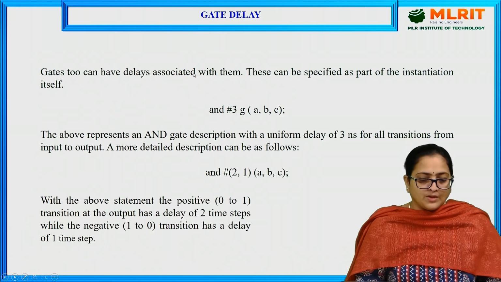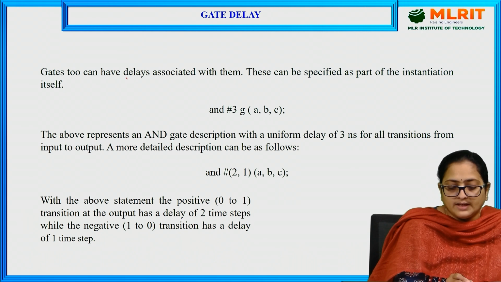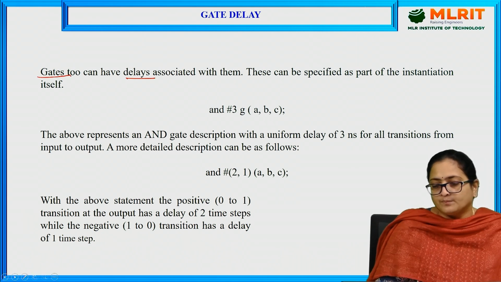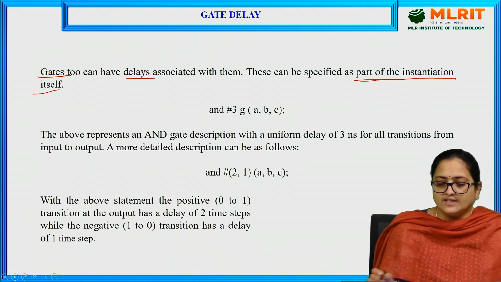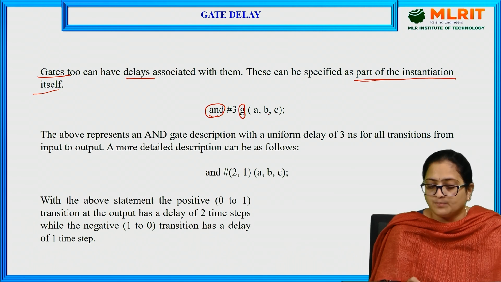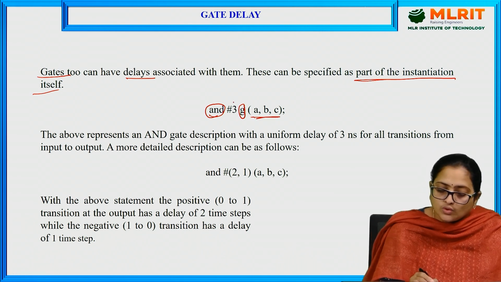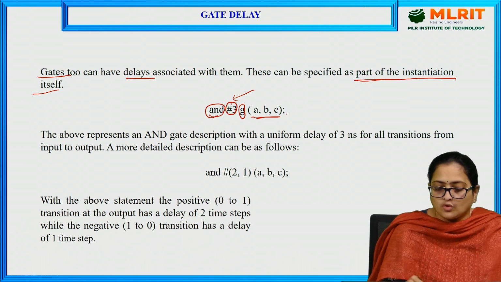The next delay is gate delay. You can implement the delay for the gates also, and this can be specified as a part of instantiation. See here, AND gate is a primitive. This primitive has been given the name G, and this is a port list. So this #3 is a delay which can be implemented with the primitives also.